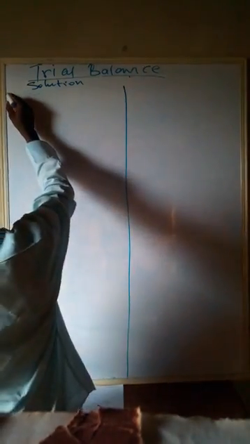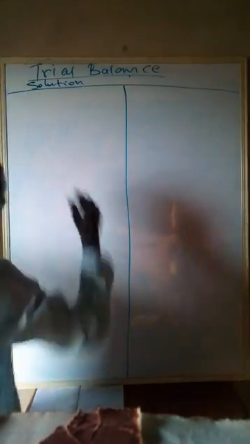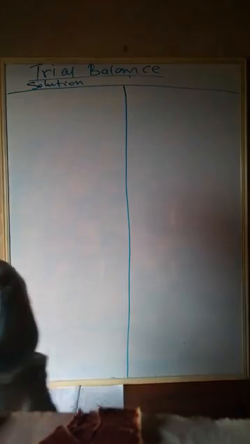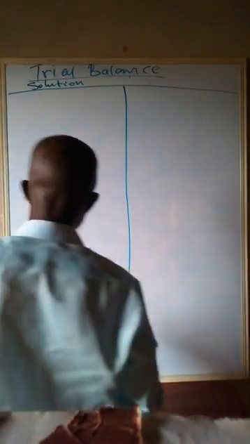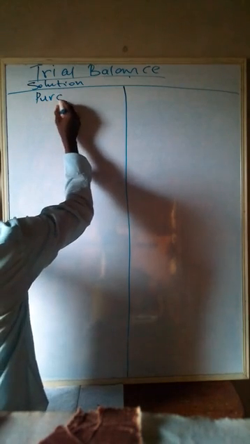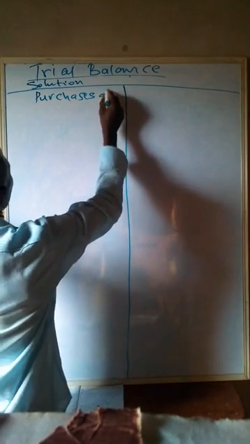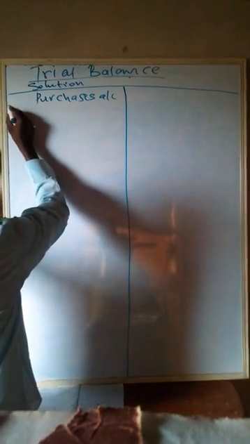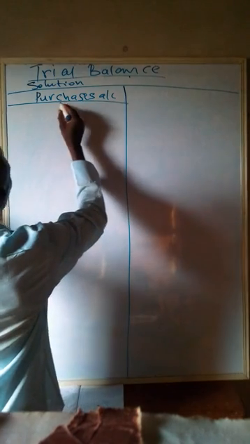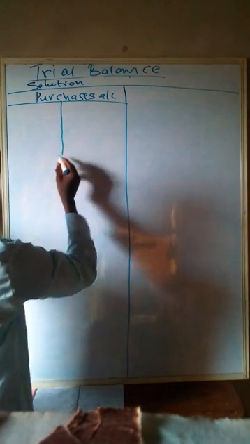So I have, first, bought goods on credit, that is purchases. Here is the purchases account.